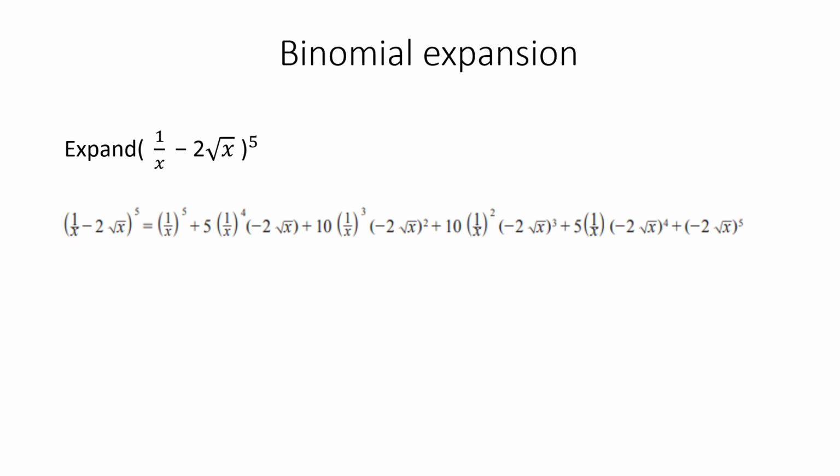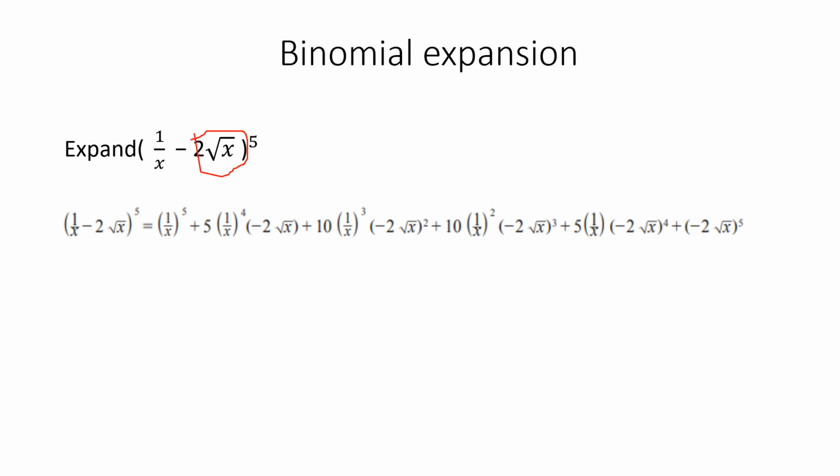So to solve that, the coefficient of the first term is 1. Then we raise this to exponent 5, and this will decrease and this will be introduced, because in the first term we didn't see this, since the 2 root x is going to be exponent 0, which is 1, right?